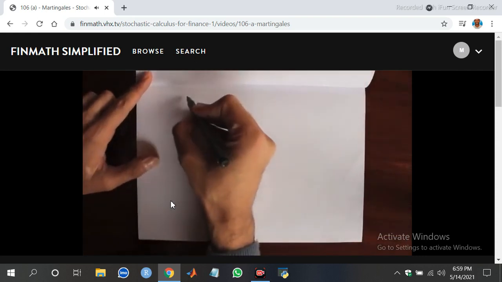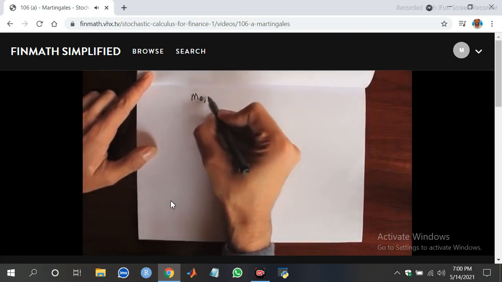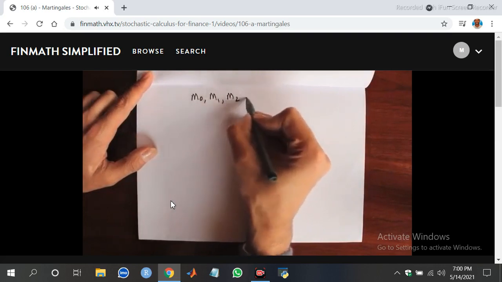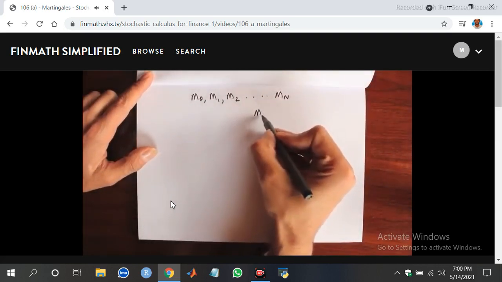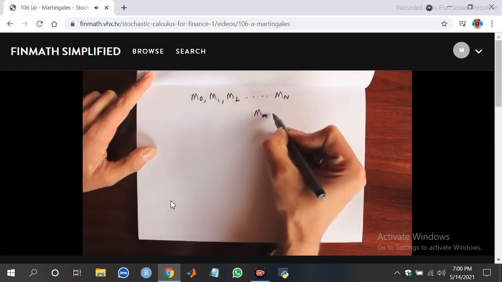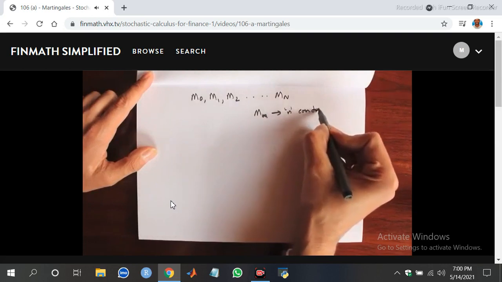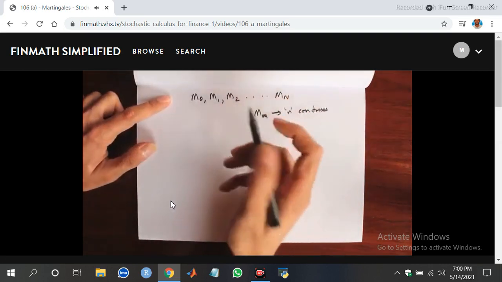So let's start with the adapted stochastic process. By adapted stochastic process, I mean we have a sequence of random variables M0, M1, M2, up to MN, where each random variable Mn depends only on the first n coin tosses. This is called an adapted stochastic process.